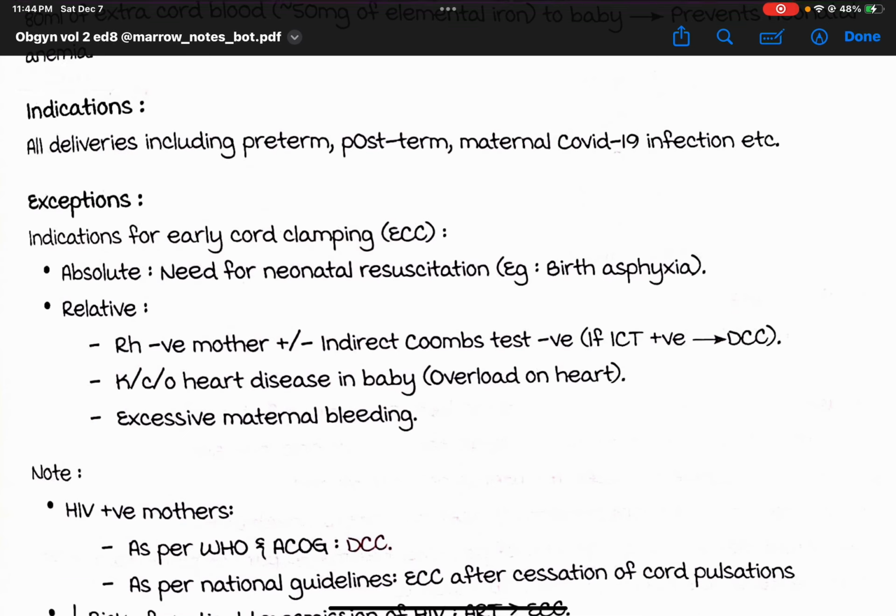Indications: all deliveries, including preterm, post-term, and maternal COVID-19 infection. Exceptions, where there is an indication for early cord clamping. Absolute: need for neonatal resuscitation, birth asphyxia. Relative: Rh negative mother with indirect Coombs test negative.